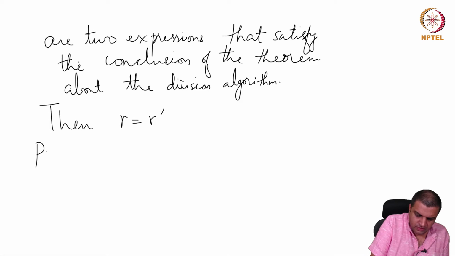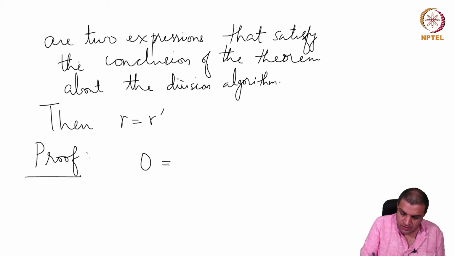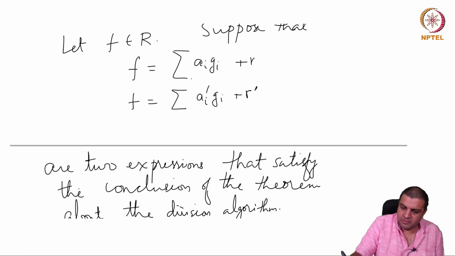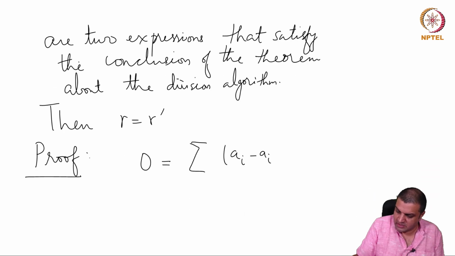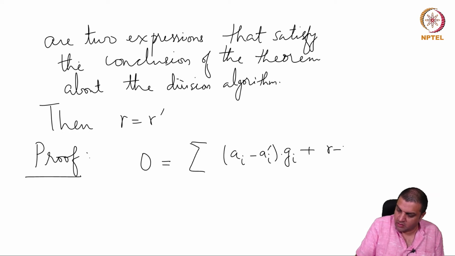Proof. This is not very difficult at all. Okay. So note that 0 is, we just subtract one expression from the other, and we get the sum of (Ai minus Ai prime) times Gi plus R minus R prime.